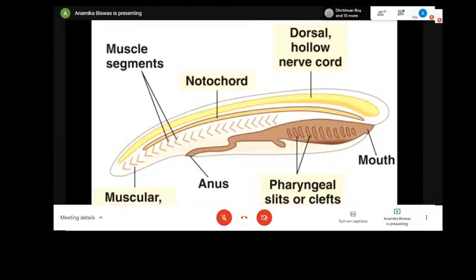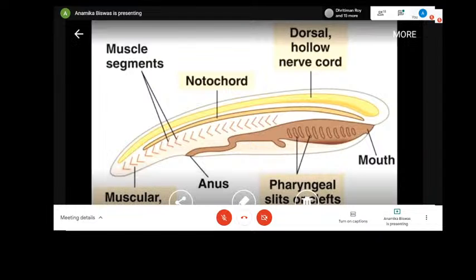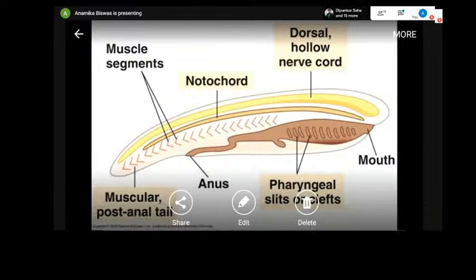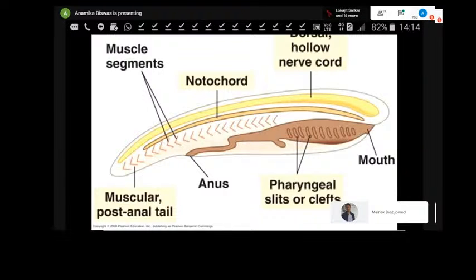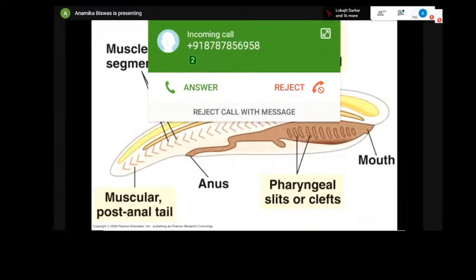In lower organisms, these gills are present all through their life, but in higher chordates, they are retained only in embryonic stages.